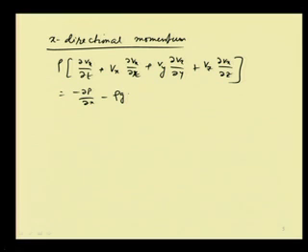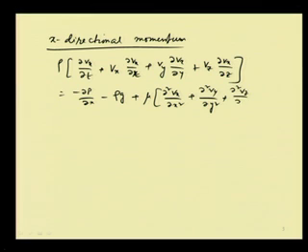Therefore, it will be minus rho g, and then plus mu into del square Vx by del x square plus del square Vx by del y square plus del square Vx by del z square. So, this is the Navier-Stokes equation along the x direction.